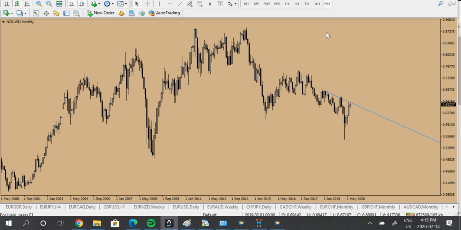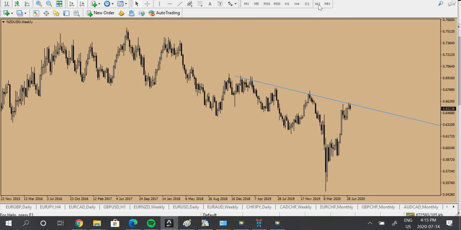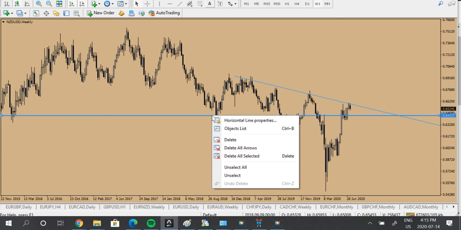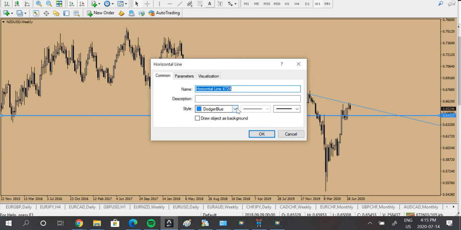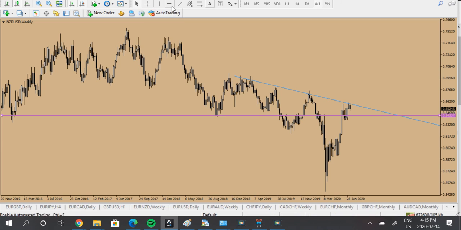But again, what are the areas that, if prices go there, I should pay attention to? Once it enters that area, I should look at what's going to happen.